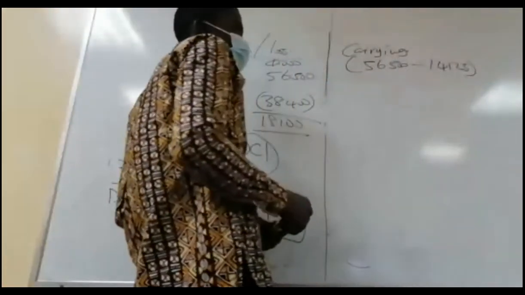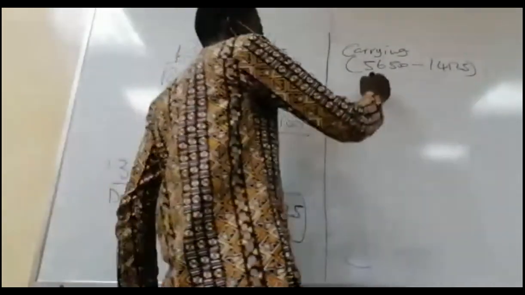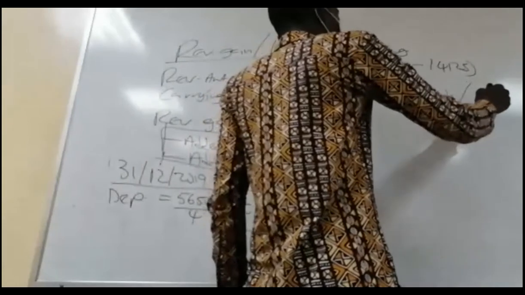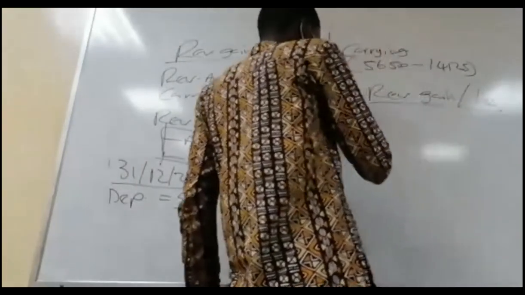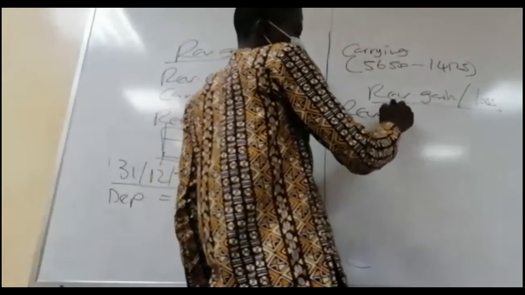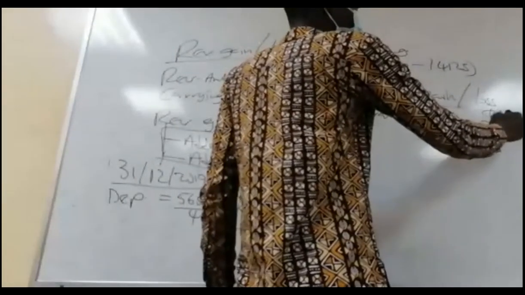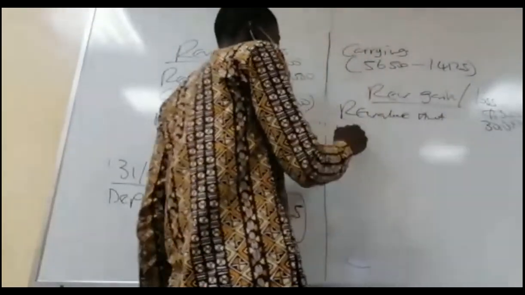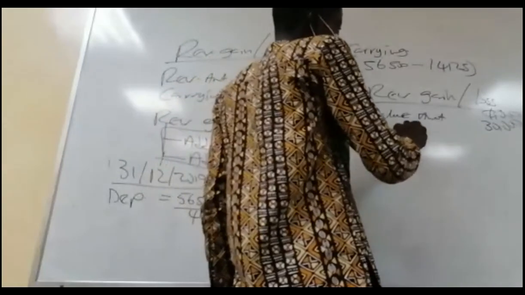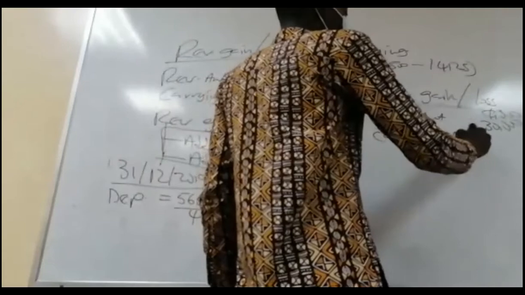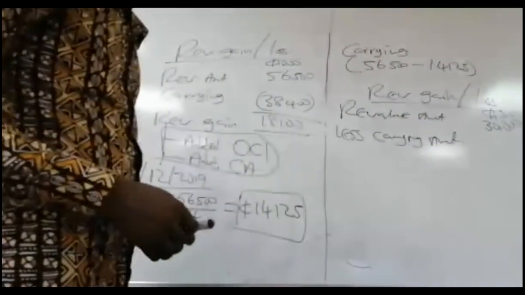Then after finding the carrying amount, we go ahead and use it to calculate the revaluation gain or loss. First, get the revalued amount, which is the new value given to us, 30 million. So that will be 30,000, less the carrying amount at the date of revaluation.